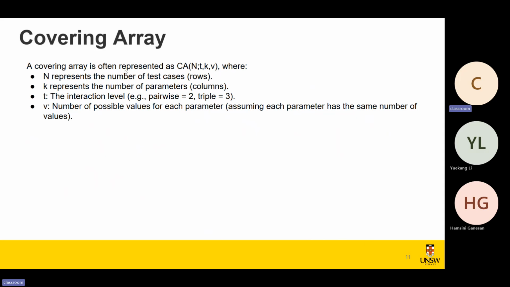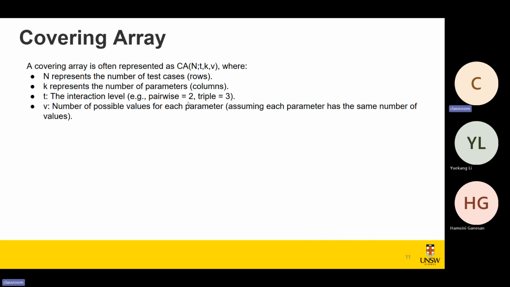If we think about the real things we consider when designing test suites for combinatorial testing, we need to introduce some more concepts other than N and K. We need to introduce T and V. Because in combinatorial testing we want to limit the interaction level, T stands for the interaction level.